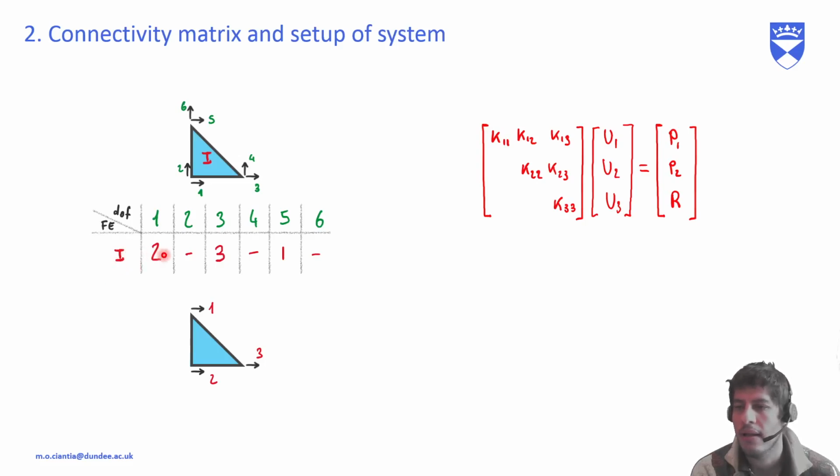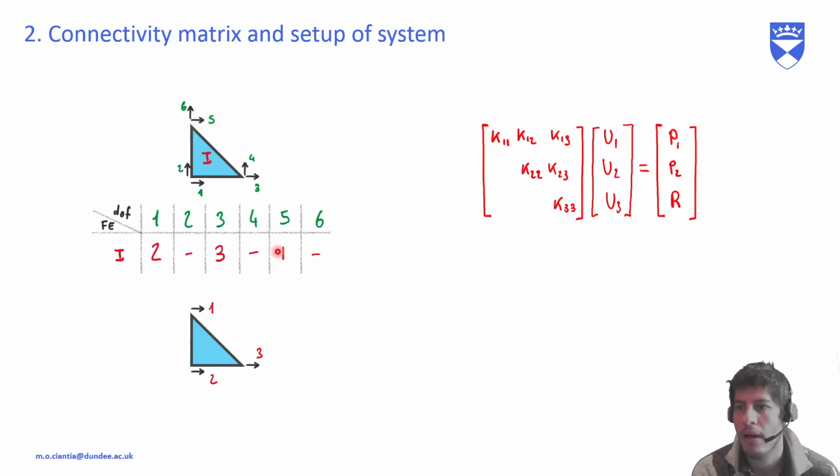And then down here, we represent the global degree of freedom number in correspondence to the position of the local degree of freedom. So 1 is the x displacement of this point here, that corresponds to this point here, that in the local coordinate system is number 5.